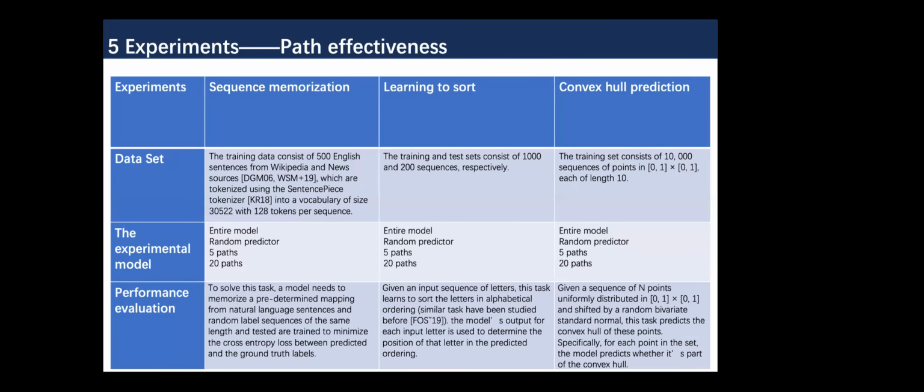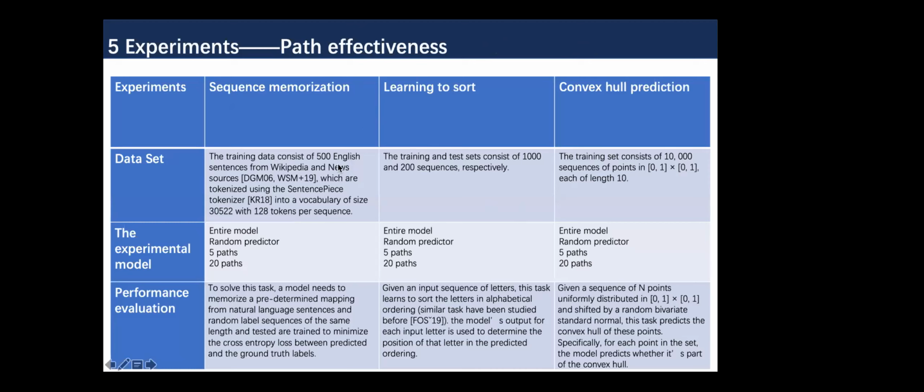And the third experiment is path effectiveness. In that, we have three different tasks. First is sequence memorization, the second is learning to sort, and the third is convex prediction. And we have different data sizes.